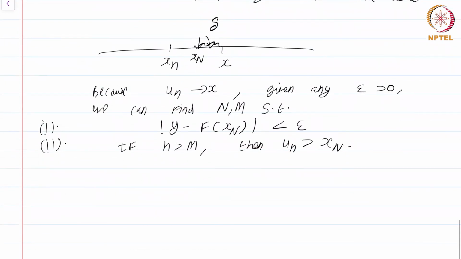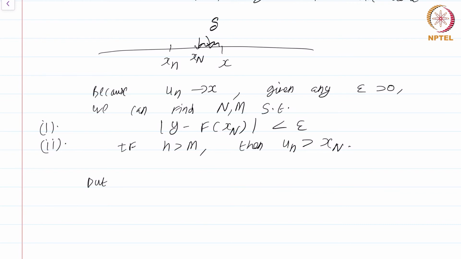Now how does this help? We actually have more data than what I have written down. I have written modulus of y minus f of xn, but I could have forgotten about the modulus.